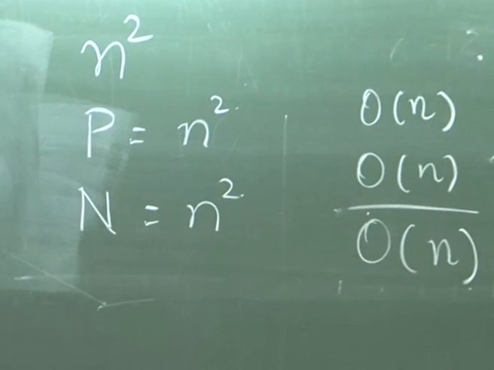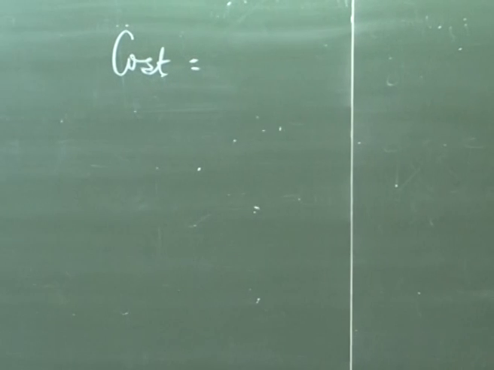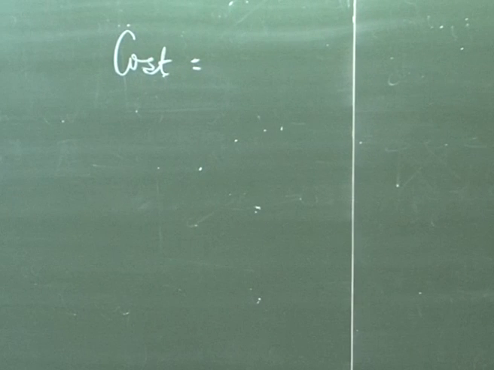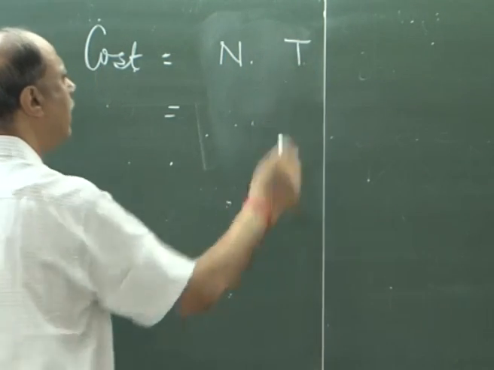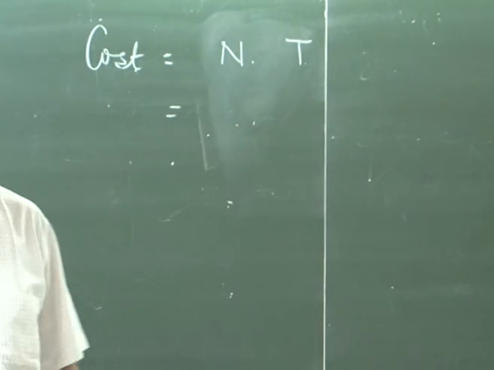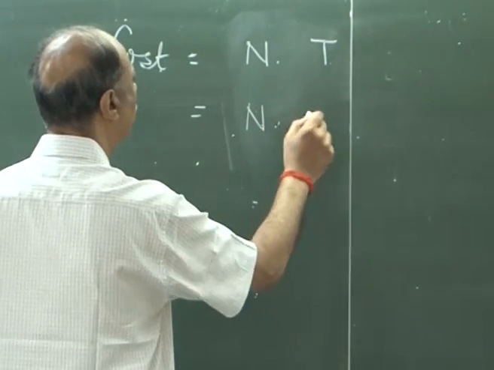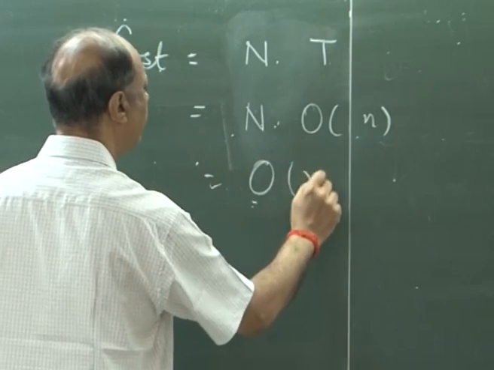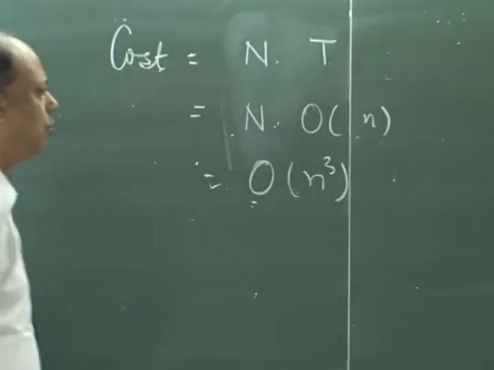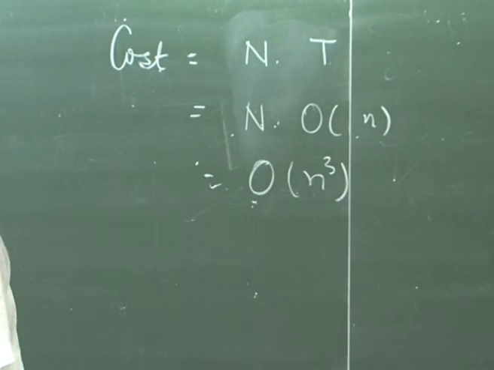But if I estimate the cost of this method, as you know, the cost is the number of processors times the time required to find the sum of n numbers, which is nothing but n square into order n. So it becomes order n cube to find the sum of n square elements.